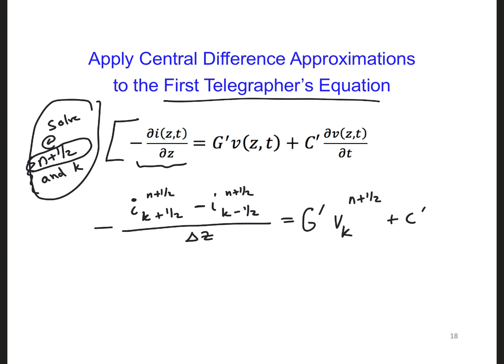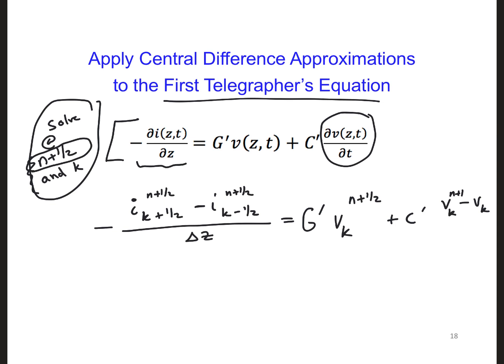And then for the last term, we're going to evaluate this at position k. So I'm going to have the subtraction of 2 voltages at position k. But they're half of a time step into the future, beyond n plus a half. So this is going to be n plus 1. And then a half of a time step into the past.